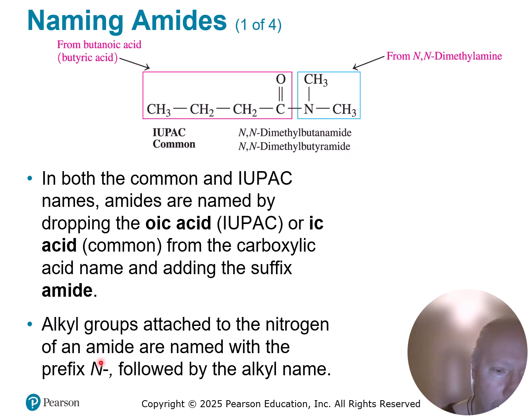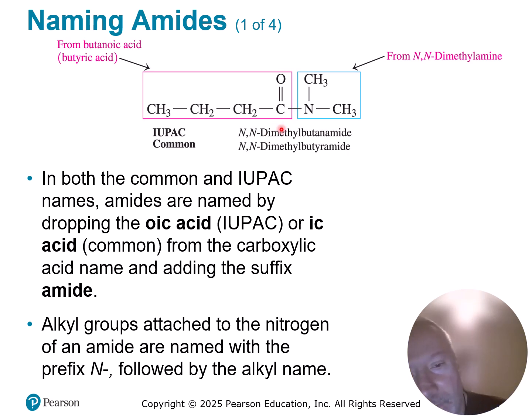So we should kind of know what that N is for. What does that N mean? The letter N is used as a designation for what's attached to the nitrogen group, as opposed to what came from the carboxylic acid group. And since there are two groups attached to that nitrogen, we call it N,N-dimethyl.